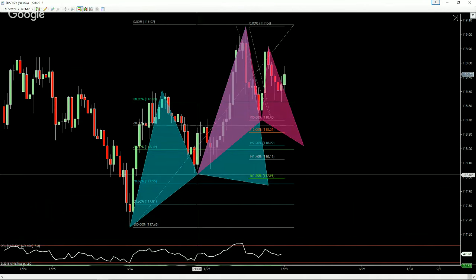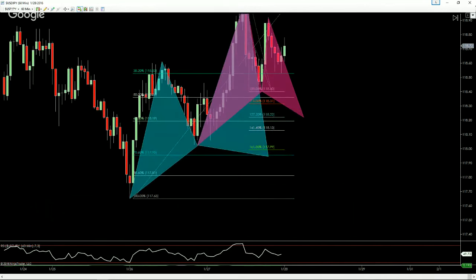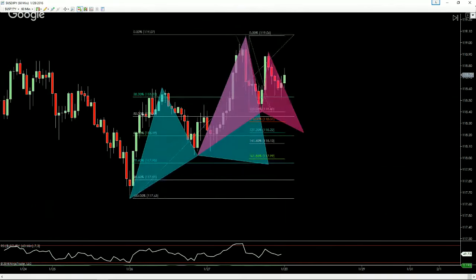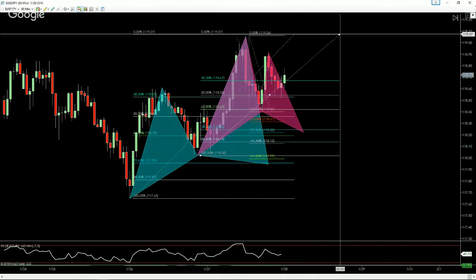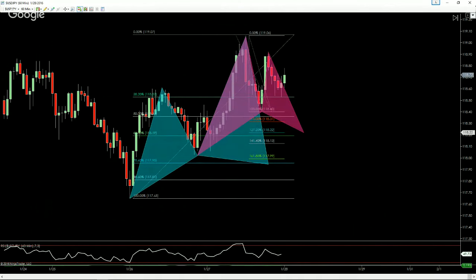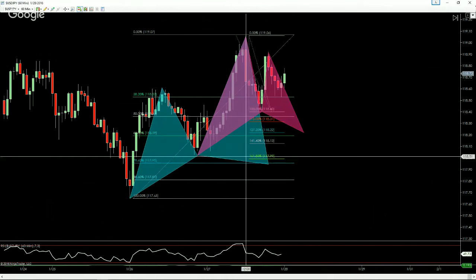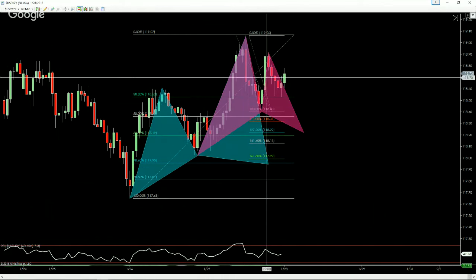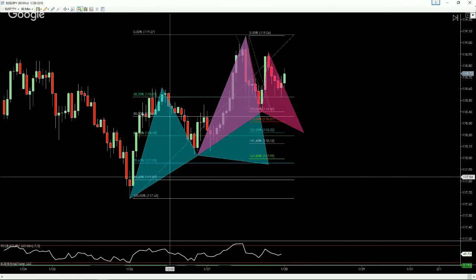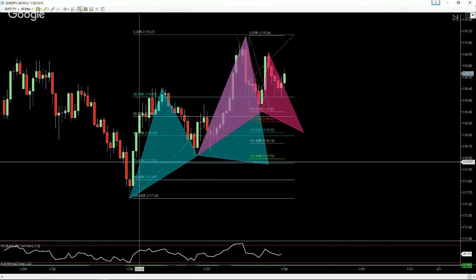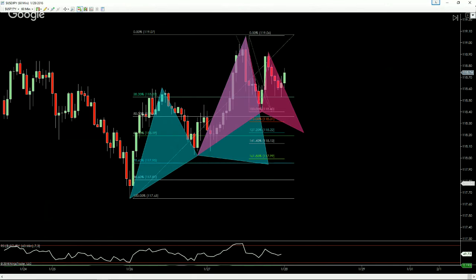Now, this Gartley is actually right at that 618, and we have the completion level a little bit high, so risk to reward is not the best. Also, the stops for this specific Gartley pattern are just a little bit below the completion of the cipher pattern.